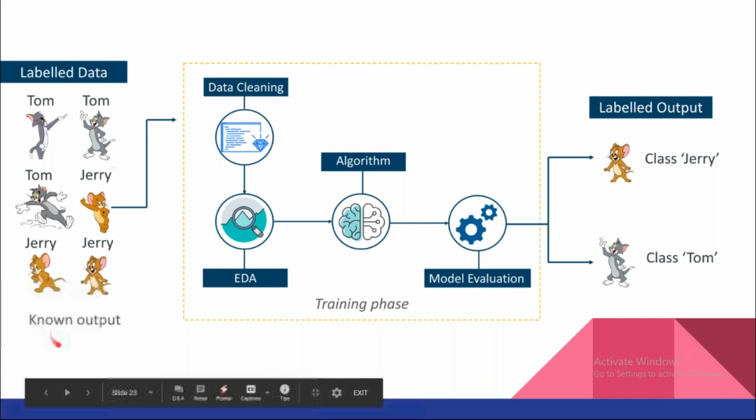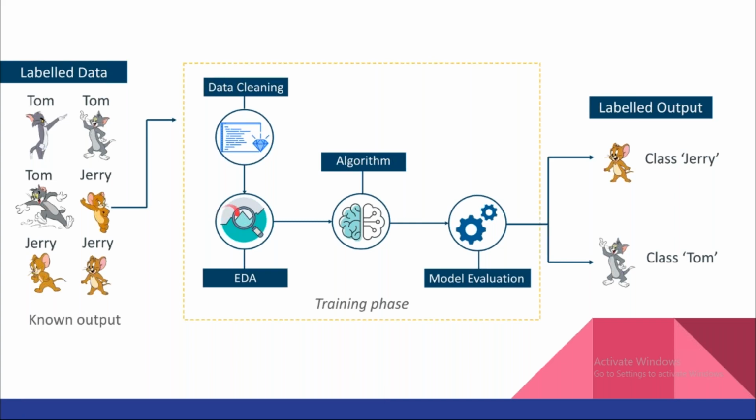I will give this data to my machine learning model, clean the data, do some sort of EDA on it, like exploratory data analysis. Then I will give it to the machine learning algorithm, and the algorithm will do some evaluation of how well it's performing, how badly it is doing, because it is going to make predictions and they might be wrong. It will compare with the original output. If I give it this picture of Tom, it might say that it's Jerry.